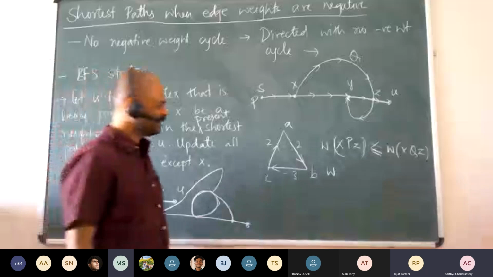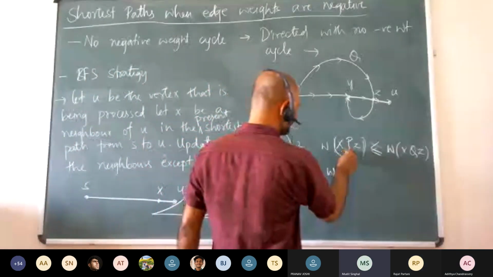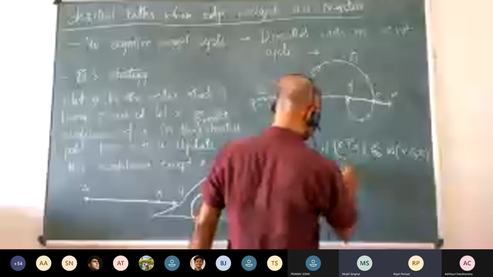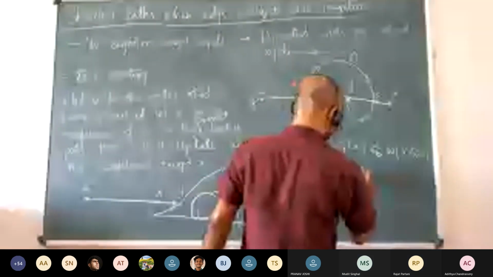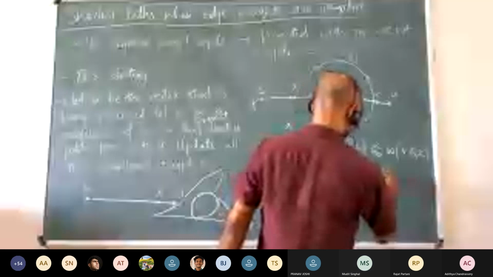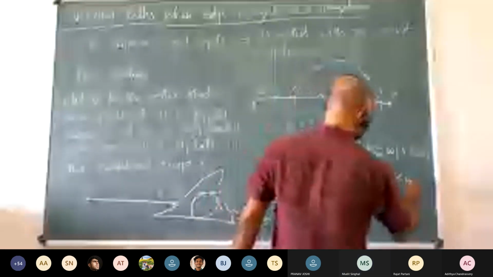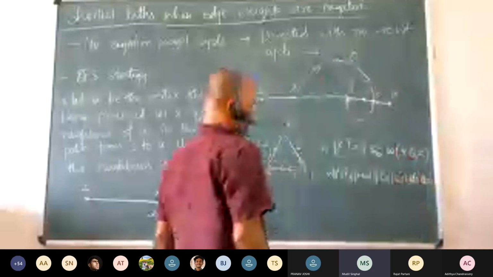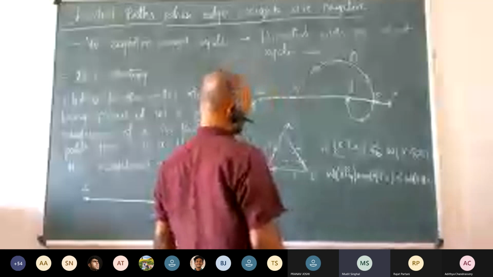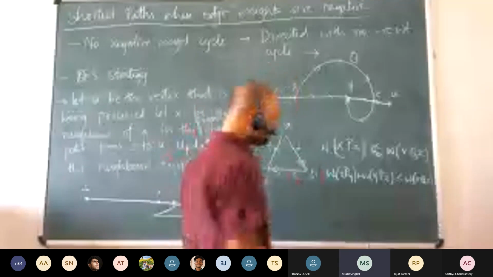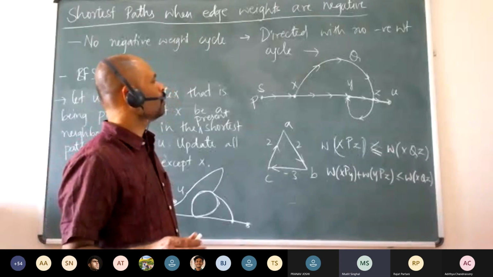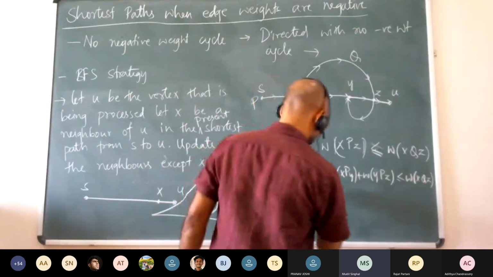We can split this: the weight of XPZ is the weight of XPY plus the weight of YPZ, and this is less than or equal to the weight of XQZ. Then we can add the weight of ZQY to both of them.